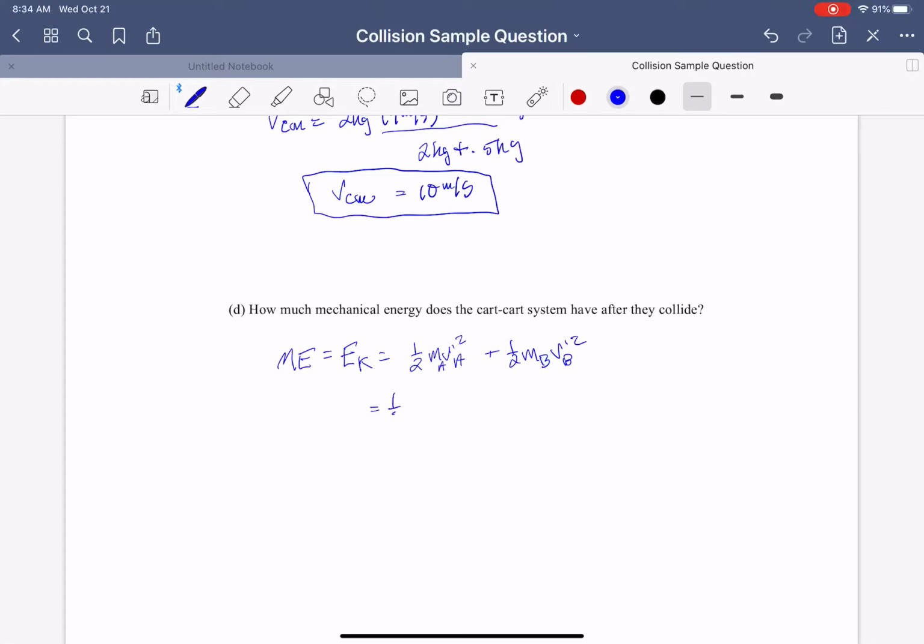That is 1/2 times 2 kilograms times 4 meters per second squared, because this is after the collision, plus 1/2 times 0.5 kilograms times 14 meters per second squared. When I do that math, I end up with 65 joules.